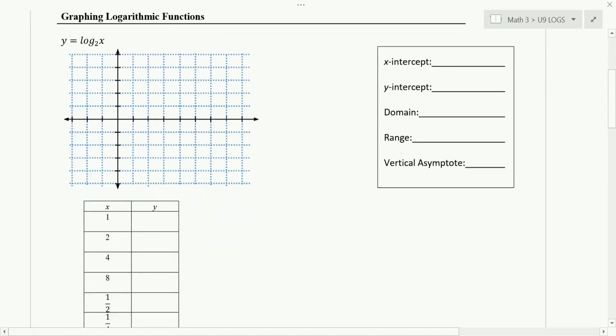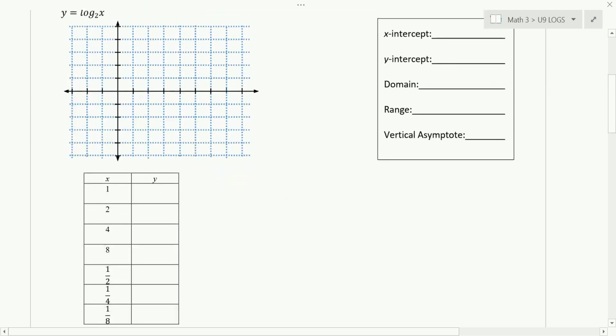To do that, first we're going to fill out this table. We have y is equal to log base 2 of x. We're going to plug these values of x in and get y values for them. So if x is 1, then y is going to be log base 2 of 1.